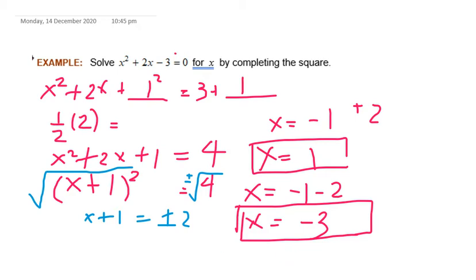Another example using completing the square. Number 2. If we have p squared minus 6p plus 4 equal to 0.